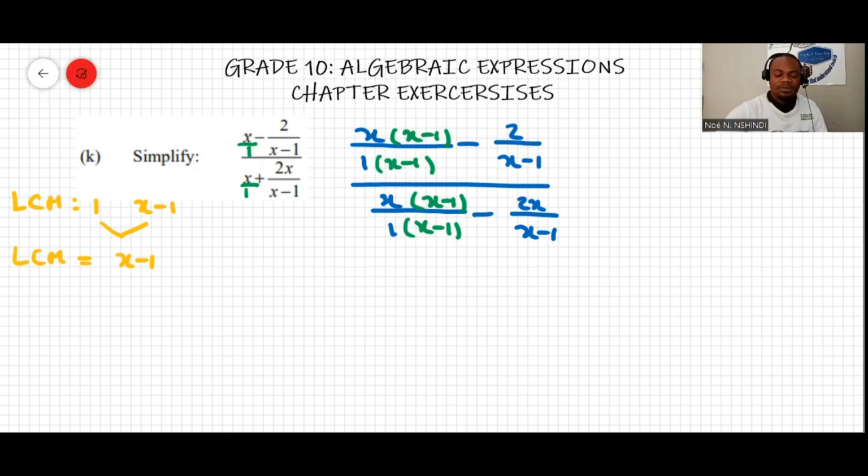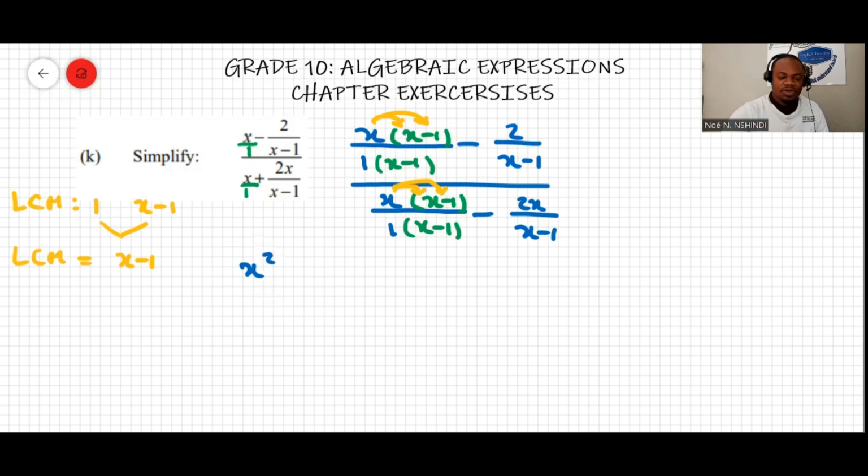We can simplify the numerator there. When we multiply x by x, and then x times 1, the same we do here. That will be x squared minus x over x minus 1 minus 2. I prefer to write it with a common denominator.